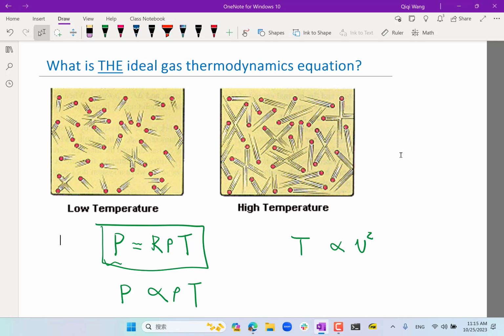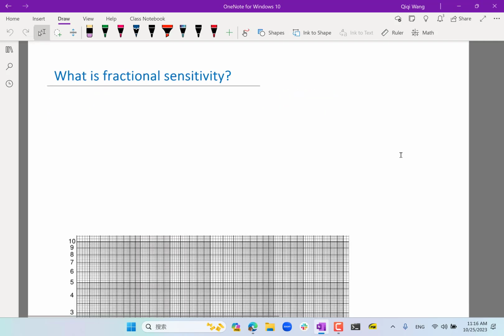Okay, this is simple enough, right? The tool we're going to use for the derivation is called the fractional sensitivity. It sounds complicated, but it is really just a small change of some quantity divided by that quantity itself. In some sense, it's just the percentage change in that quantity.